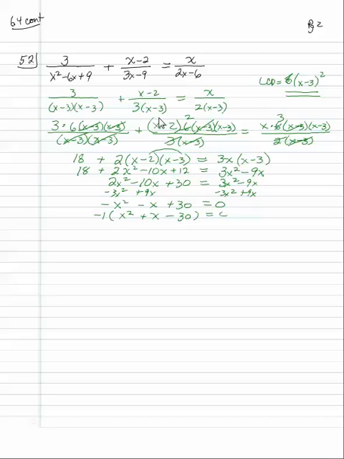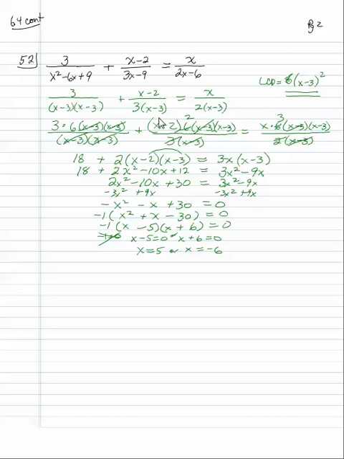I'm going to factor, factors of 30 to subtract to 1. 5 and 6. And set each factor equal to 0. So that one gives me nothing. So add 5 to both sides, so x equals 5, subtract 6.